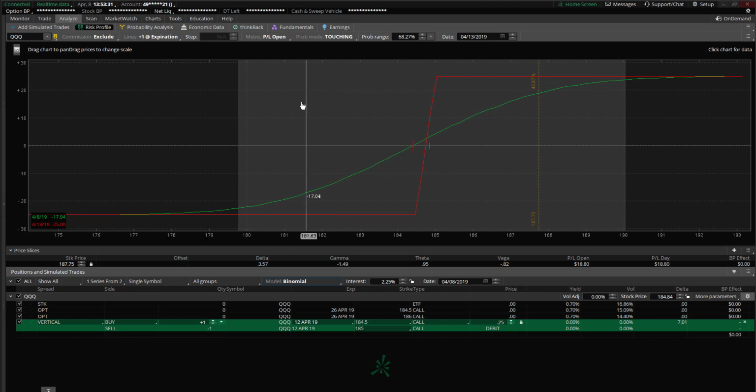It could go down $1 to 184, or it could go up $1 to 186. And from 186, well, what could it do? It could go down $1 back to 185, or it could go up $1 to 187. So that's what binomial mathematics is, an if-then formula. So I do like that one.